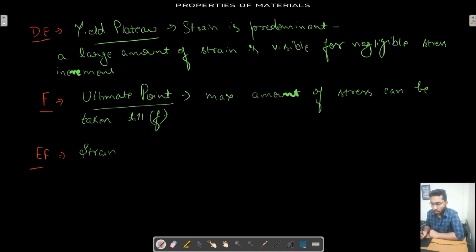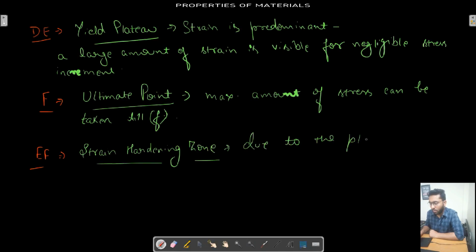Strain hardening zone. Why does it happen? It happens due to the plastic rearrangement.